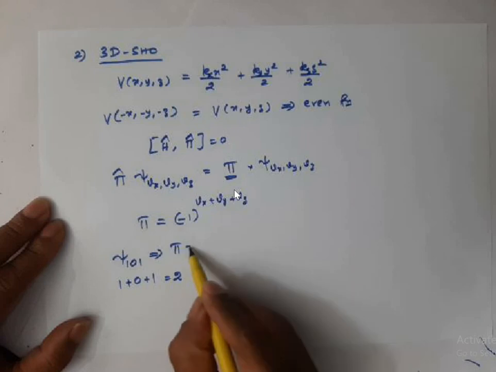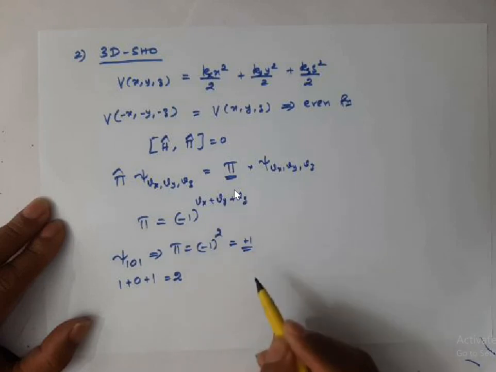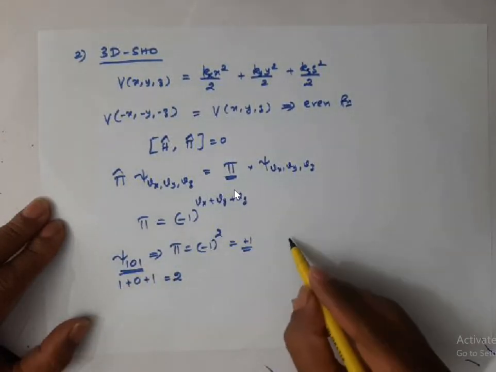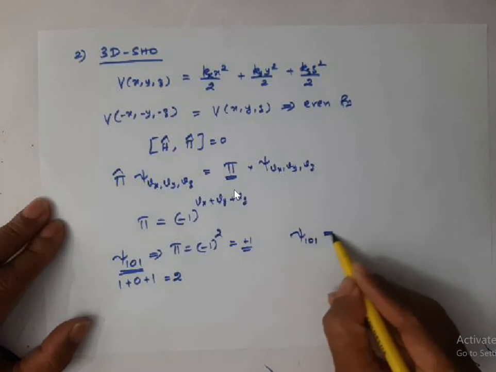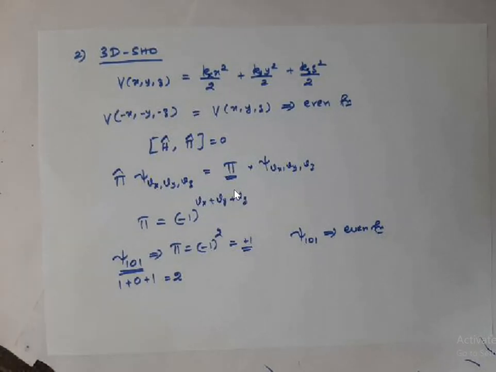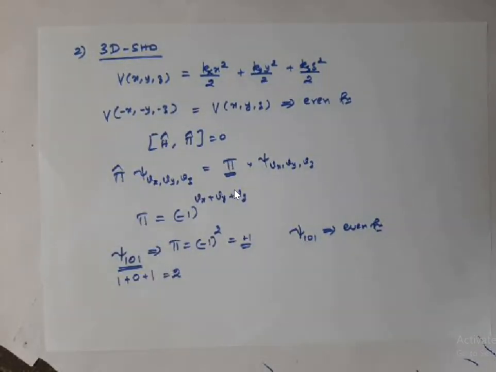So eigenvalue equals (-1)^2, which is plus 1. Therefore this state psi 101 is an even function, or it has even parity. This is another important piece of information on three-dimensional simple harmonic oscillators.